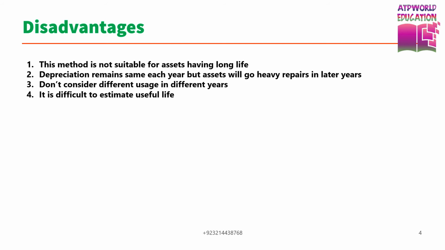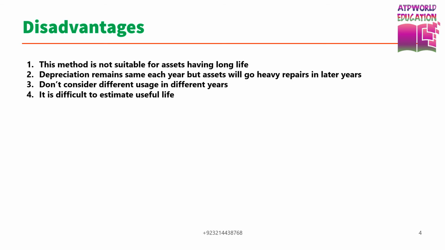So for this purpose we should estimate the useful life, but actually it is quite difficult to estimate the useful life of an asset. Why is it difficult? There are different reasons. First one is the usage. If we are excessively using an asset, then the life of the asset will reduce. Secondly, if we are using that asset roughly, the life of the asset will reduce.